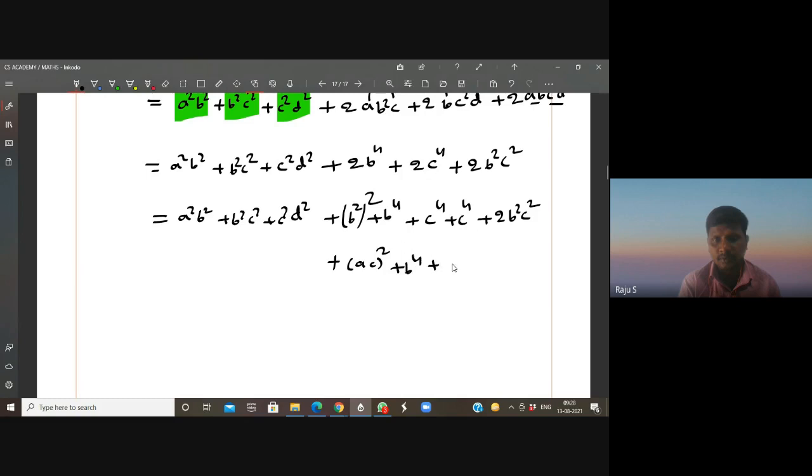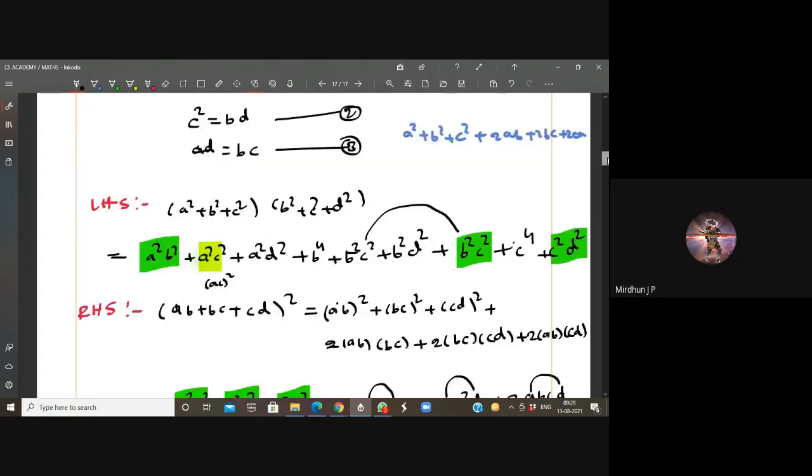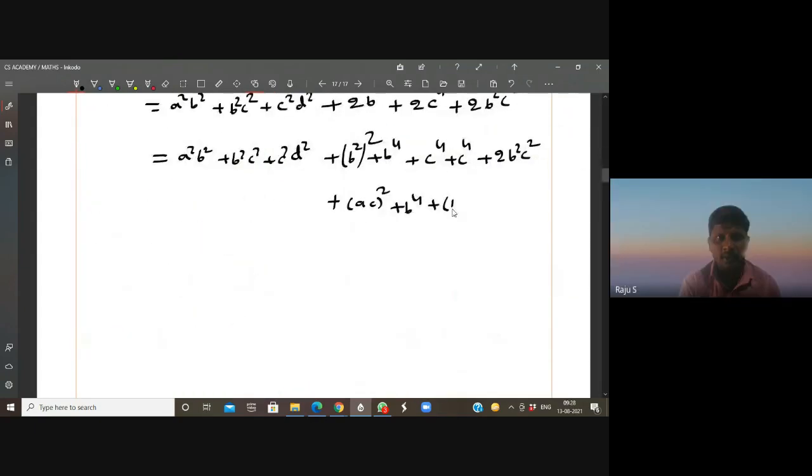In the same way, C square can be written as BD, the whole square. So BD the whole square plus C power 4 plus 2B square C square.